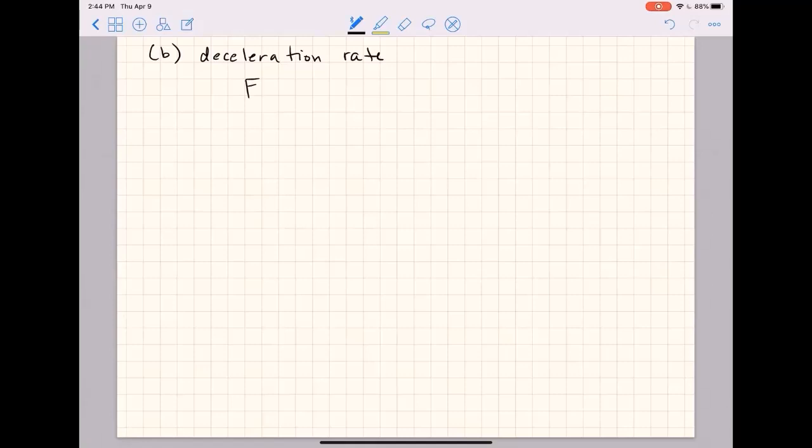So F, in this case, is very simply equal to ma, okay? Because we have negative 398 pounds. That's the force acting on the ball. And we do have a mass, because we just want to know what the acceleration is. So F equals ma, 1,200 pounds over 32.2 feet per second squared, multiplied by a.